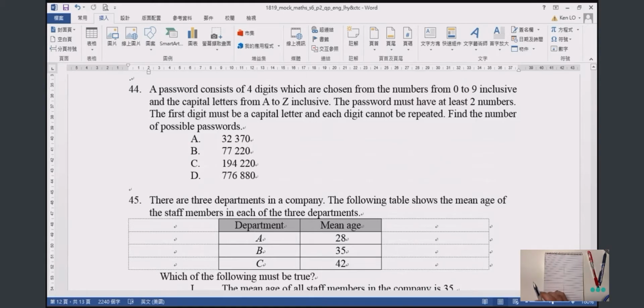But the last sentence says that the first digit must be a capital letter, and each digit cannot be repeated. Find the number of possible passwords.